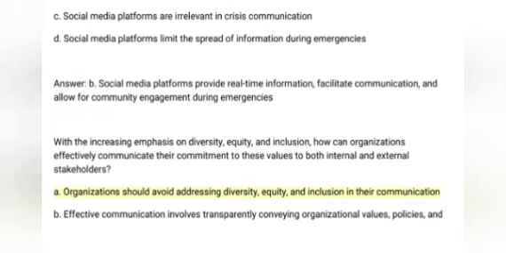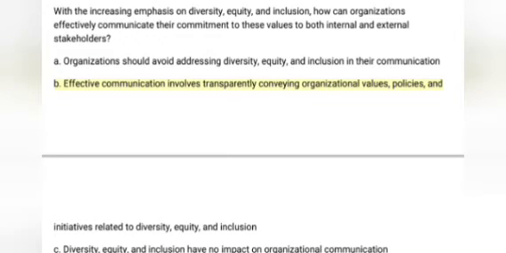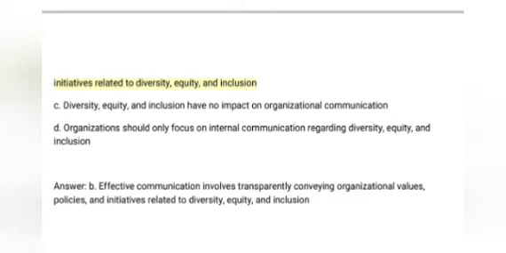With the increasing emphasis on diversity, equity, and inclusion, how can organizations effectively communicate their commitment to these values to both internal and external stakeholders? A. Organizations should avoid addressing diversity, equity, and inclusion in their communication. B. Effective communication involves transparently conveying organizational values, policies, and initiatives related to diversity, equity, and inclusion.